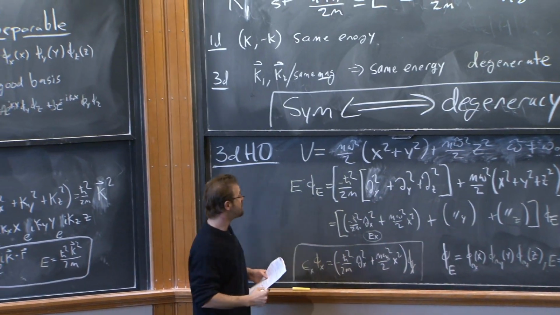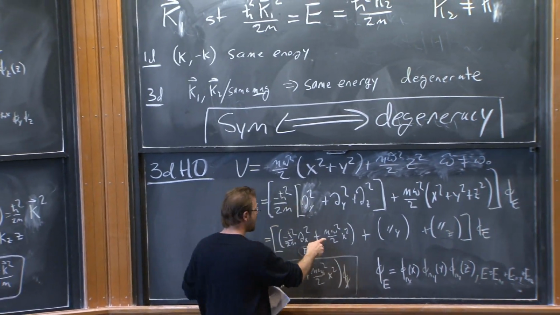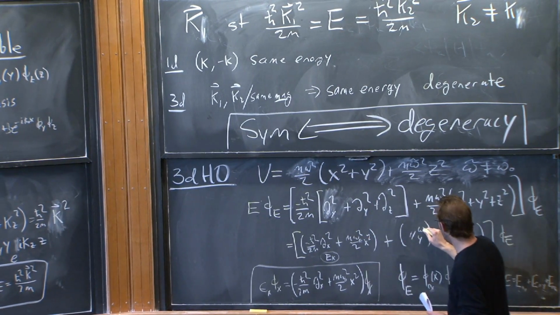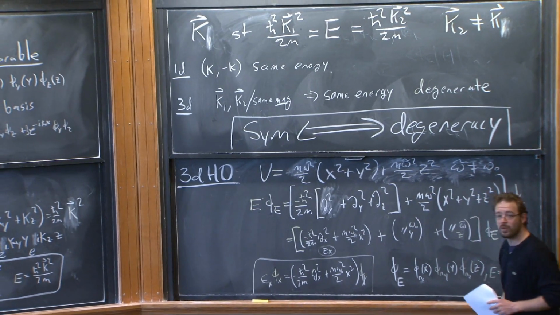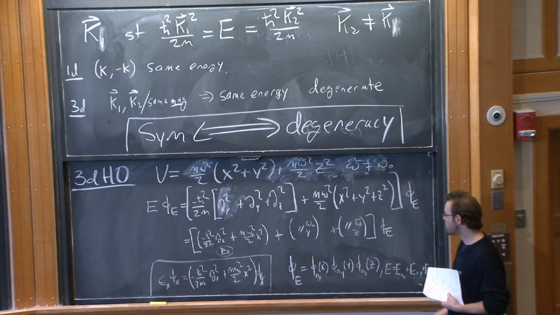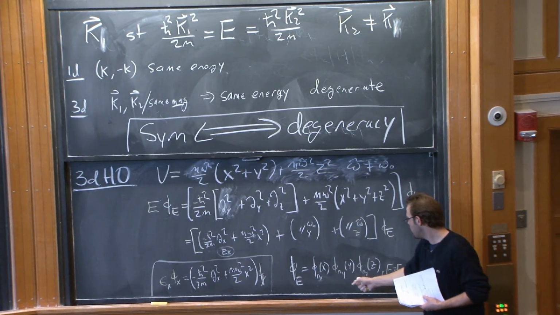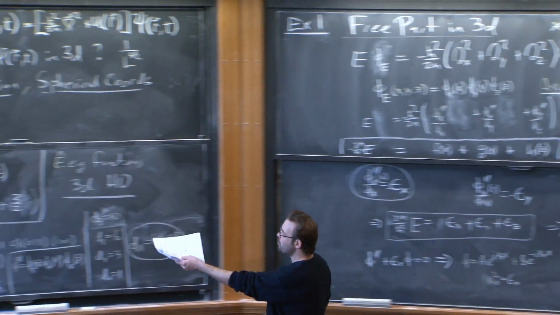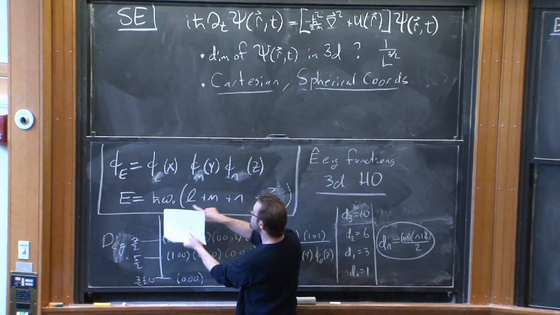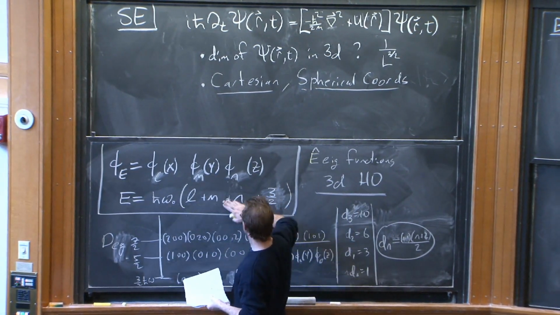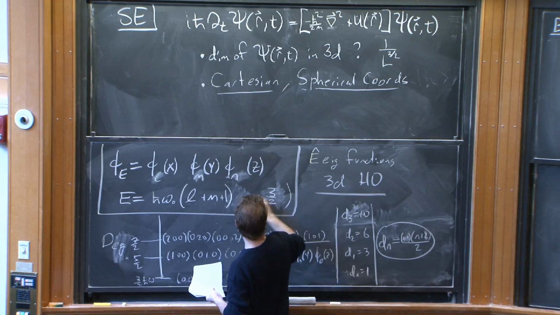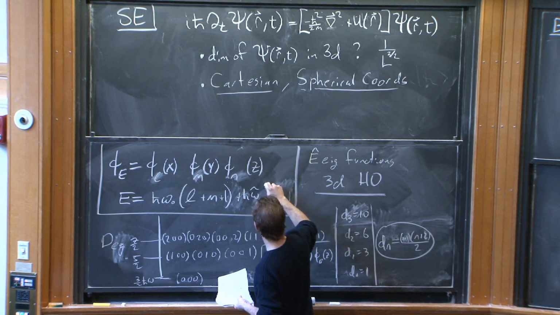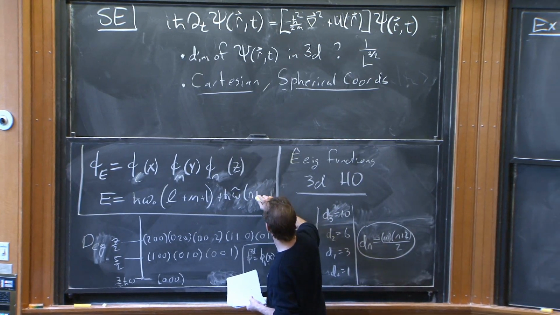The system is still separable, but the x part has omega naught, this has omega naught, but this has omega tilde. And so exactly the same argument is going to go through, but the energy now is going to have a different form. The energy is going to have h bar omega naught times L plus m plus 1. But from the z part, it's going to have plus h bar omega tilde times n plus 1/2.